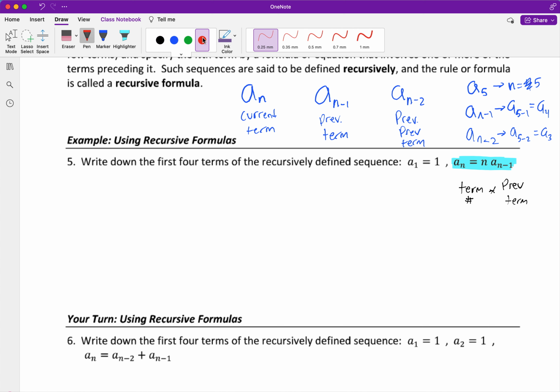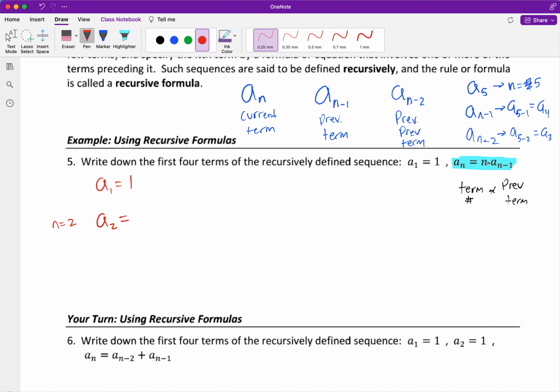Now, what's kind of neat about these is that you need to have a starting value, because if your formula is written by what the previous term is, you need to know what a previous term is in order to start writing the sequence. So that is why they gave us A1 equals 1. And so if I want to find A2, remember what I'm saying here is that n equals 2. So if I look at this rule, I'm doing n times a sub n minus 1.